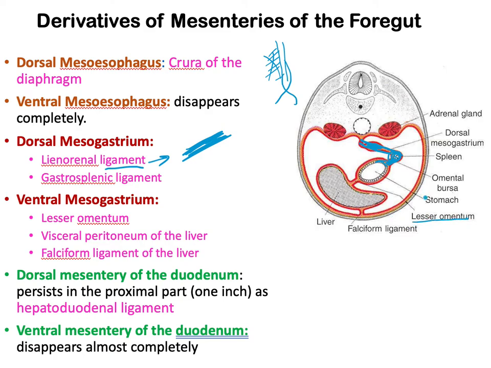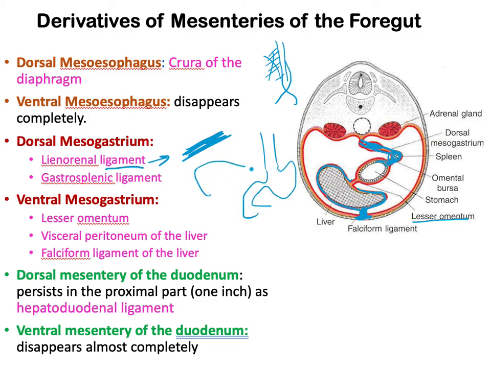Also, the peritoneum covers the liver, so this is the visceral peritoneum of the liver, and anteriorly the peritoneum is again united to form a ligament called the falciform ligament of the liver, which connects the liver to the anterior abdominal wall. So this is the ventral mesentery. But the duodenum is not shown here, so I don't know if we can explain it like this.